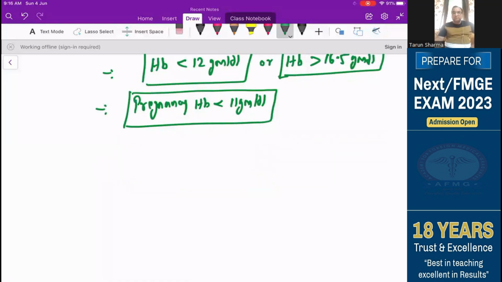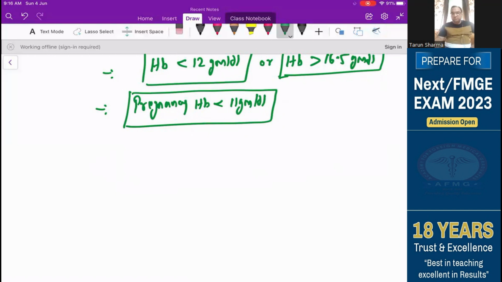Why is it important? Because just saying that the patient is suffering from anemia is not sufficient for treatment purpose. If you want to start the treatment, you should know the exact cause of the anemia. There can be iron deficiency anemia, there can be thalassemia, there can be hemolytic anemia.